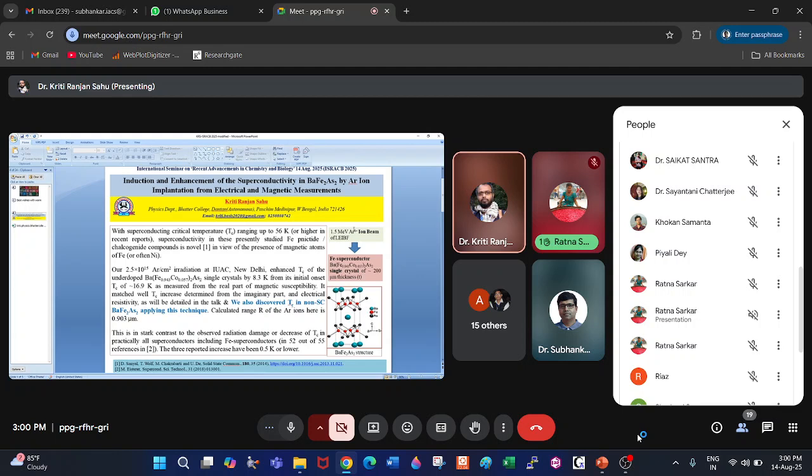The induction and enhancement of superconductivity in BaFe2As2 by argon ion implantation from electrical and magnetic measurement, presented by Dr. Kriti Ranjan Sahu, affiliated with the Department of Physics, Bhattar College, Dantan, Autonomous, Paschim Medinipur, West Bengal.